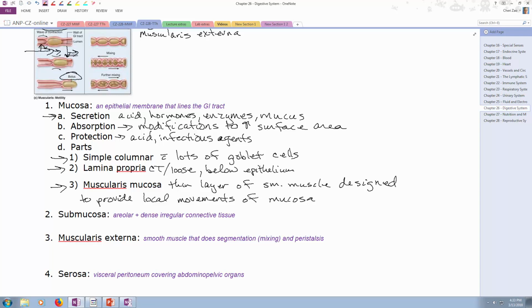This process will help us with further digestion as well as allowing the material to get closer to the cell membrane and actually into the cell. So it's an interesting process this muscularis mucosa does. It's not something that you would see grossly with the naked eye; you'd have to look at it at the microscopic level.